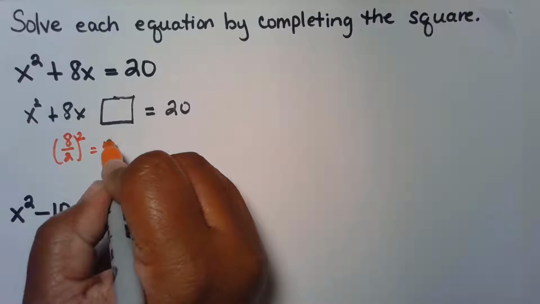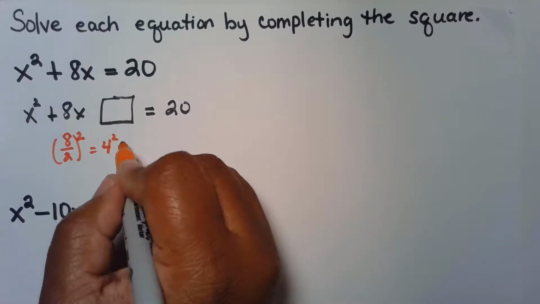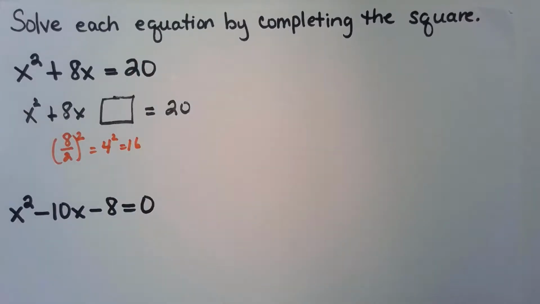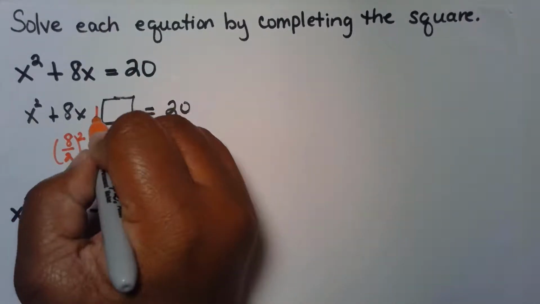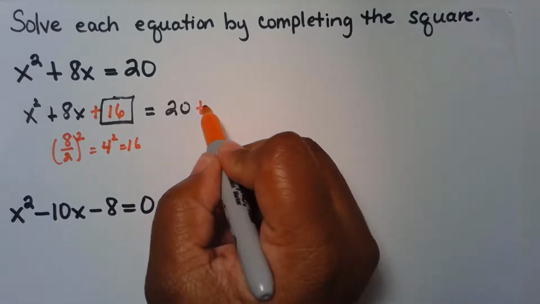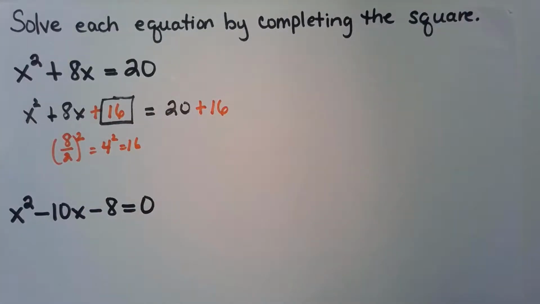So we have 4 squared, which is 16. So then what we do on the left hand side, we have to do on the right hand side. Because remember, for an equation to be balanced, what you do on one side, you have to do on the other.